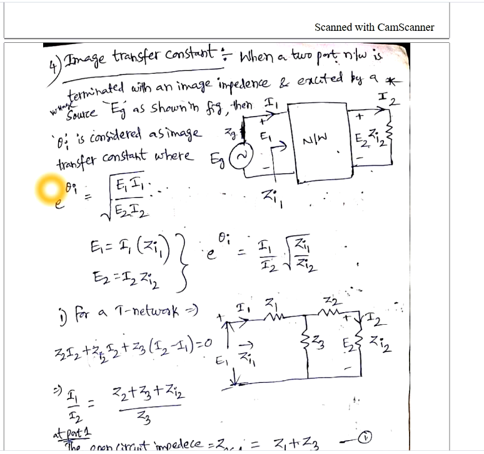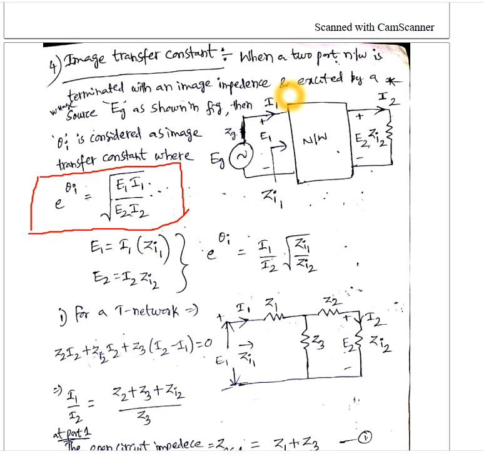So the image transfer constant is defined in this manner through this expression. Here, what is the square root of E1 I1? E1 I1 is nothing but the input power, and E2 I2 is nothing but the output power.